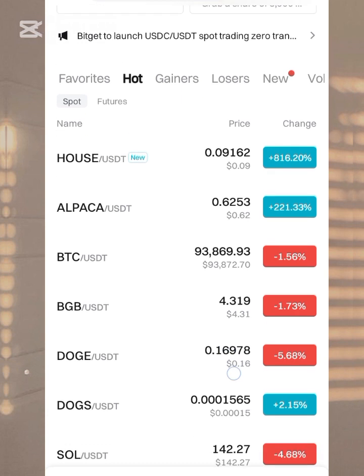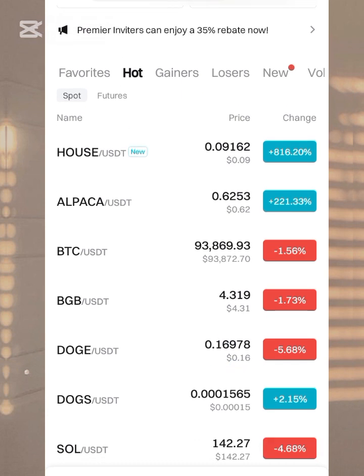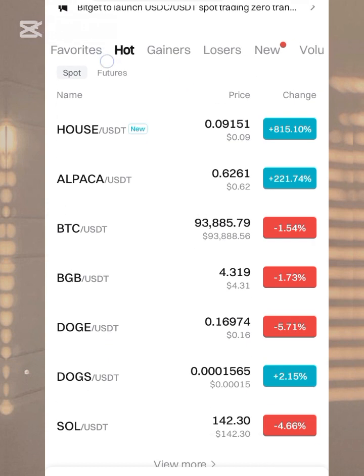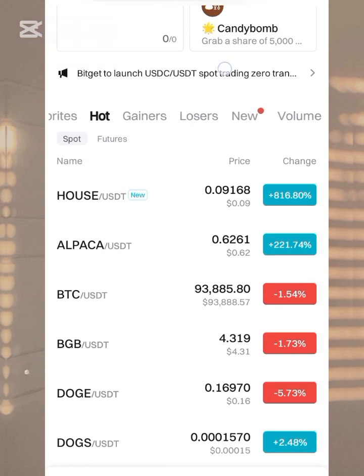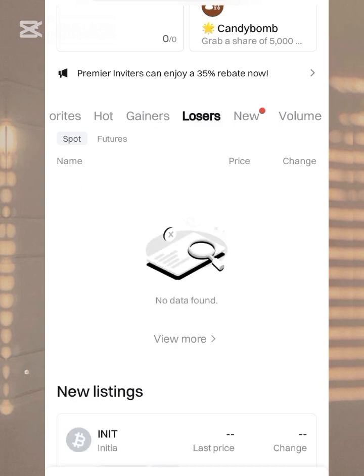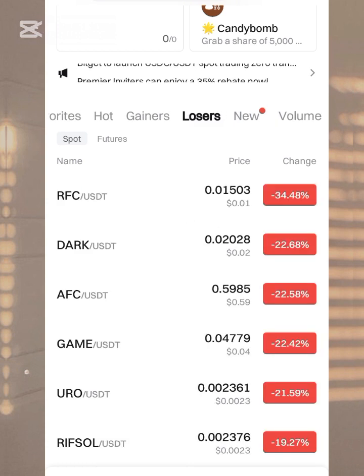It's your personal decision to go this route with me. So if I want to trade a coin now, I will have to go to this area. You can see they have favorites, odds, gainers, losers, new, and volume. So I'll be going to losers.